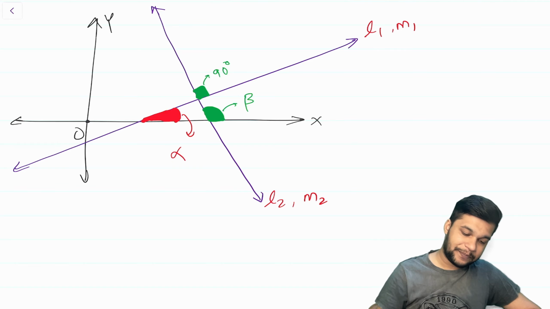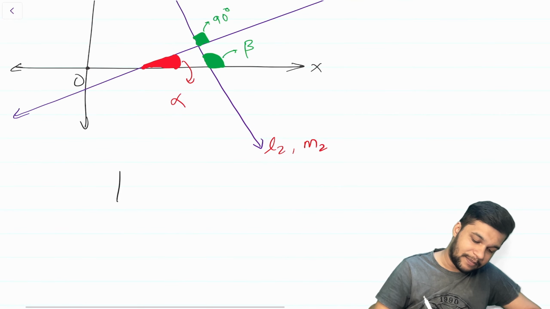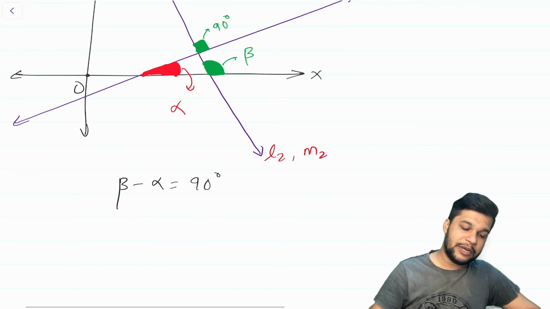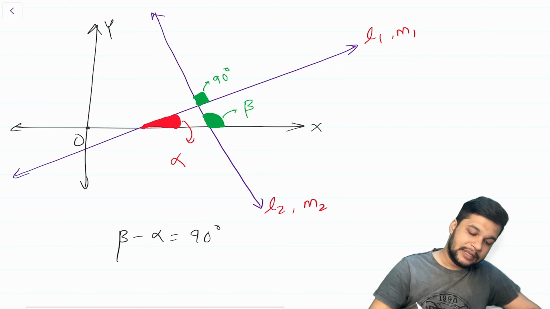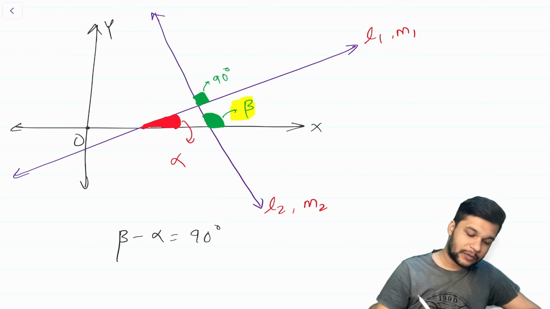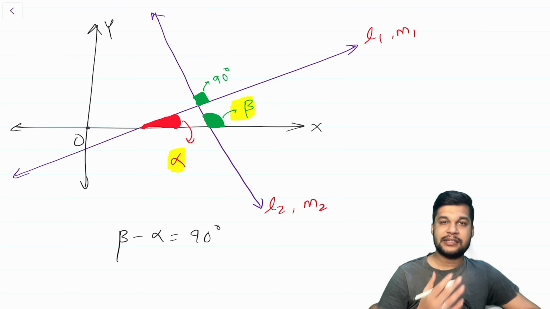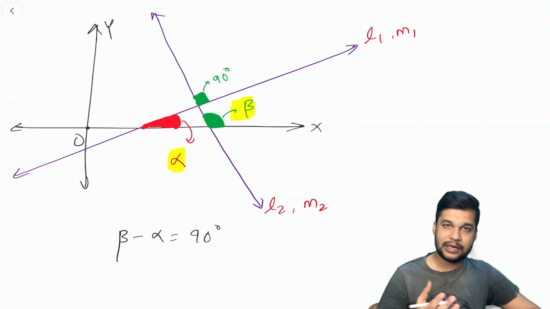So can I say that beta minus alpha is 90 degree? What I mean to say is, this big angle is beta, and this angle is alpha. So can I say that beta minus alpha is 90 degree? Of course I can say that.